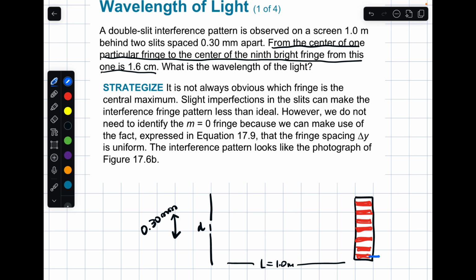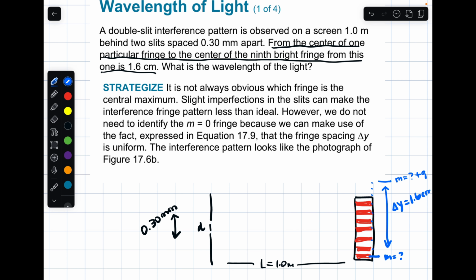This is one particular fringe, m equals question mark, to the 9th one from that fringe. So 1, 2, 3, 4, 5, 6, 7, 8, 9. m equals question mark plus 9. That distance, which is blown up for scale, is a delta y of 1.6 centimeters. That's what we know.